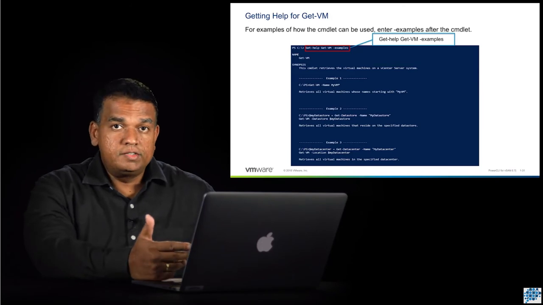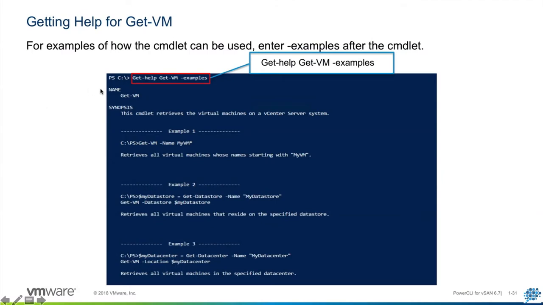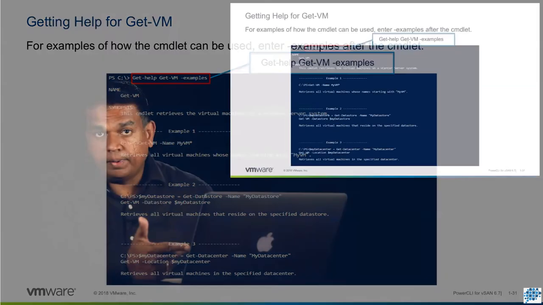Another very useful feature of PowerCLI is the examples feature. If you say Get-Help for a particular cmdlet, in this case Get-Help for Get-VM, and show me the examples, I just type in -examples. It will show me some examples on how to use the Get-VM cmdlet.